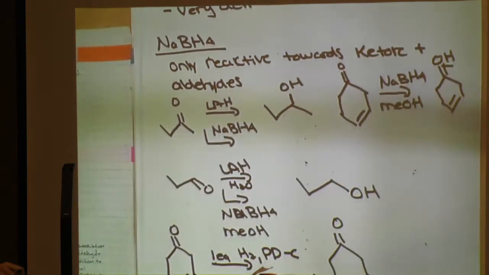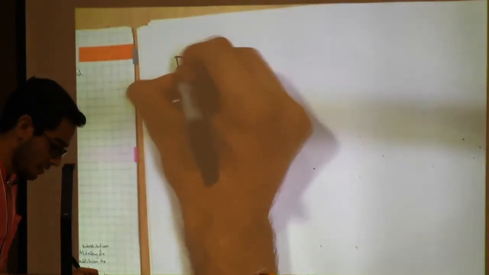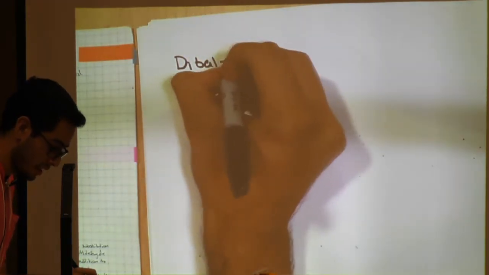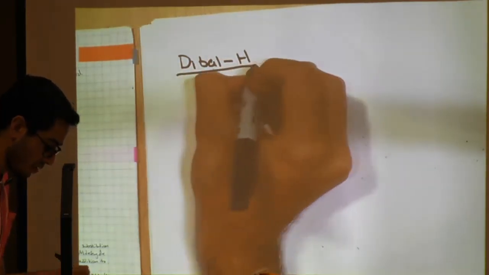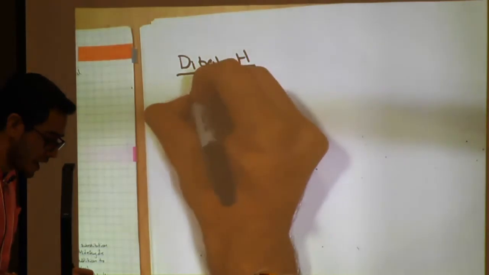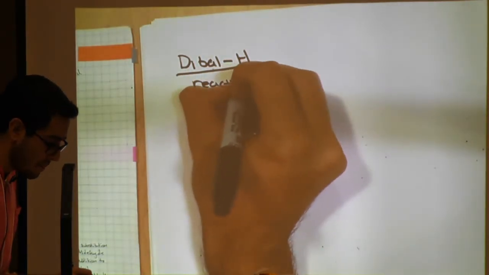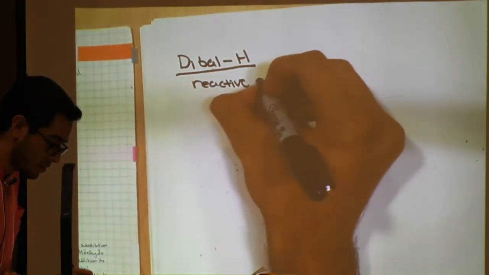We're good here? All right, we're almost done with this. The next reducing agent is DIBAL-H. This one is reactive mainly only towards esters, but there's a little caveat.